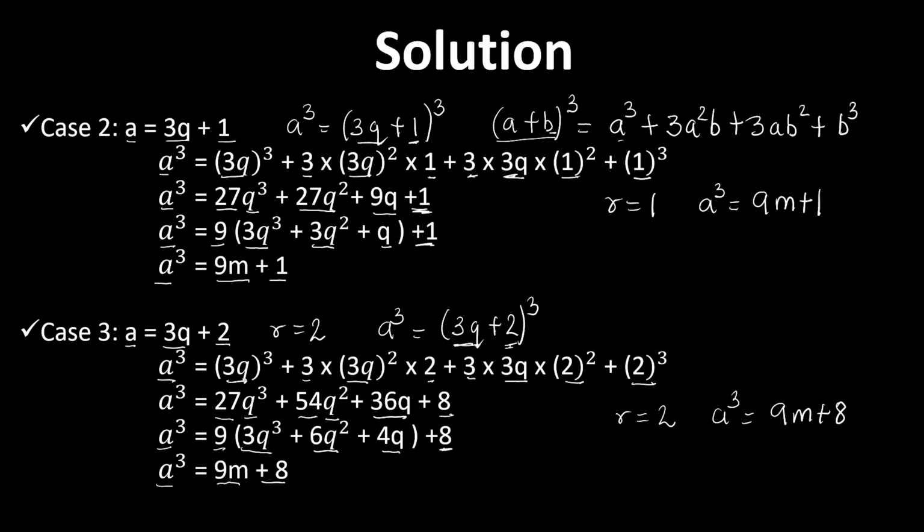In the second case, when we considered r value equals to 1, we were able to write down the cube of any positive integer in the form of 9m plus 1. And finally, in the third case, when we considered r value to be equals to 2, we were able to write down cube of any positive integer in the form of 9m plus 8.